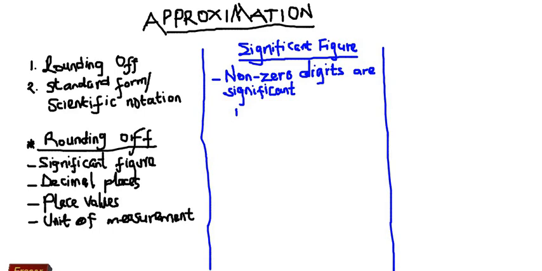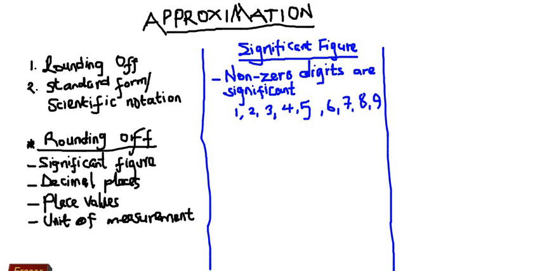So we are saying the digits 1, 2, 3, 4, 5, 6, 7, 8, and 9 are all significant figures.